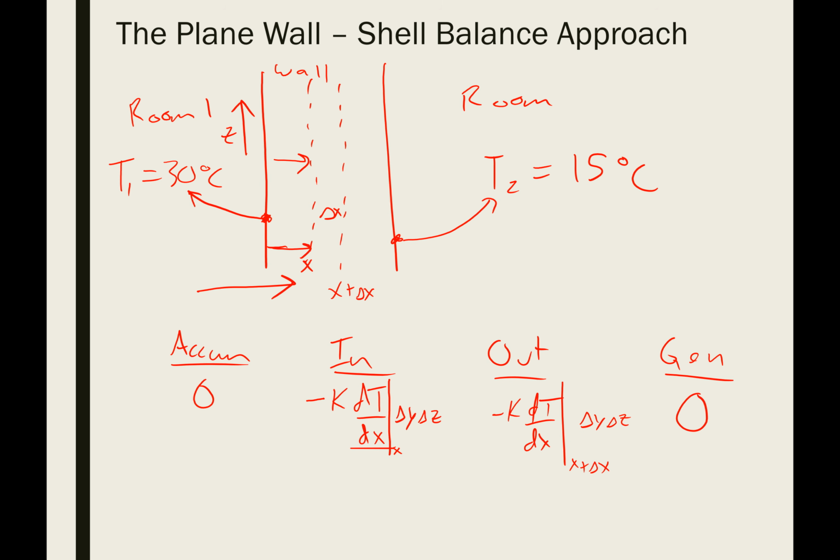So pay attention here. The energy balance equation is accumulation equals in minus out plus generation. The in term is going to stay positive. The out term is going to flip in sign because we subtract the energy that's coming out. So let's put that into equation form.